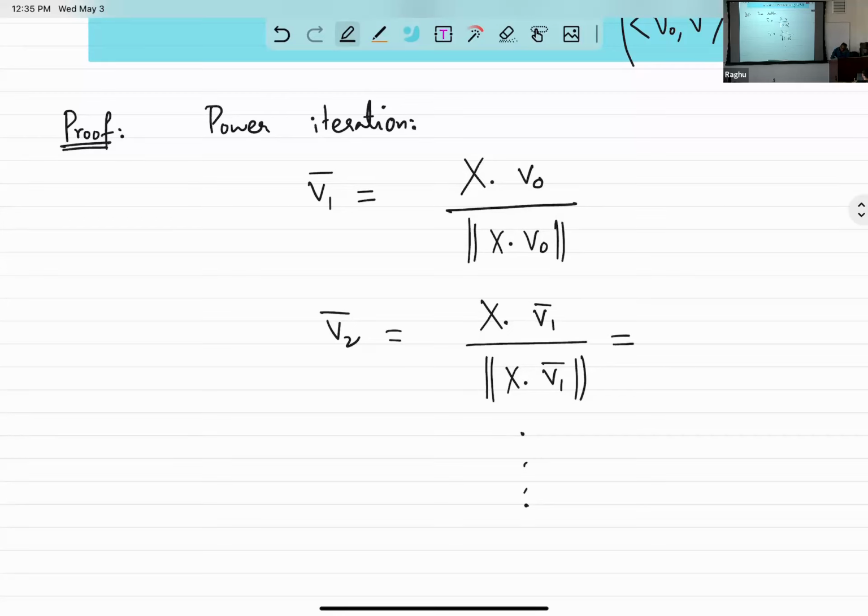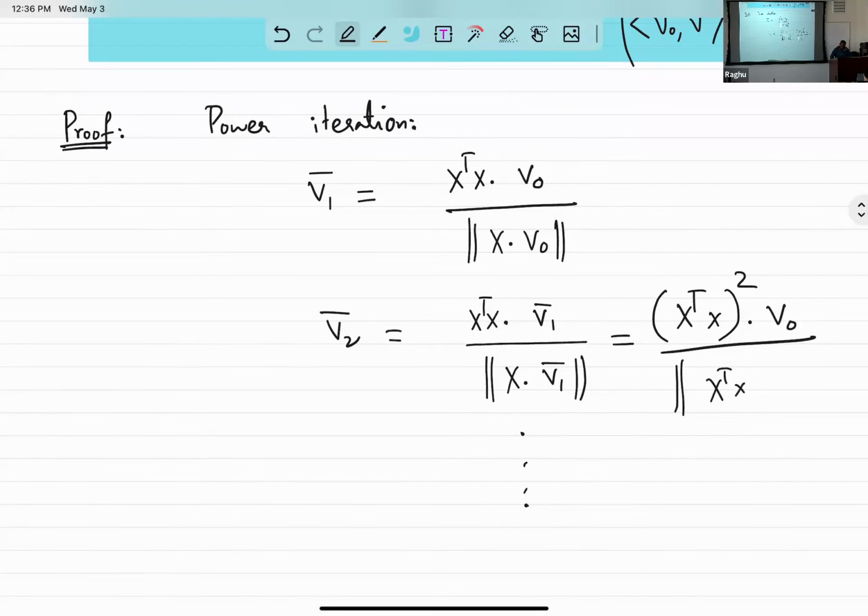Now I can think of this as, I'm sorry, this should be X transpose X. So this is the same as multiplying with X transpose X times. Of course, we're not doing it in this order. We are multiplying it from right to left, but the operation is always the same: you multiply some power of the matrix X transpose X and then normalize it. That's what we are doing.